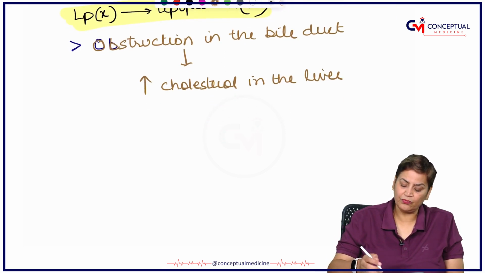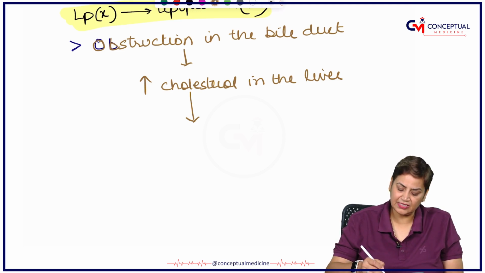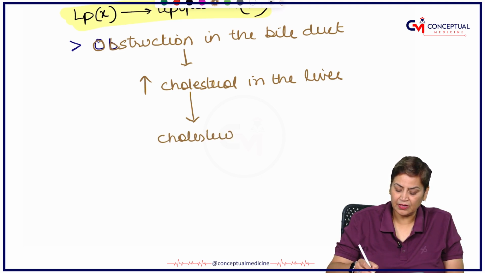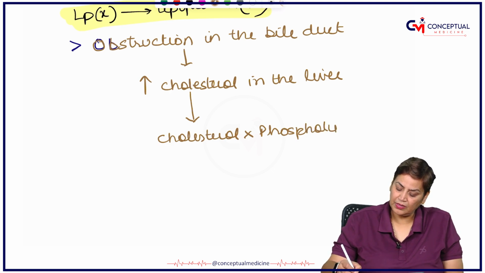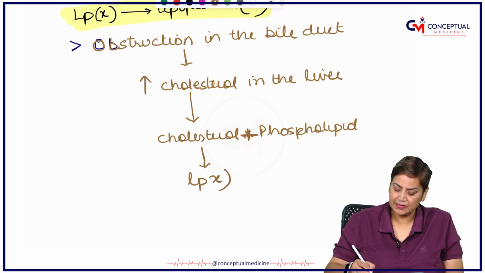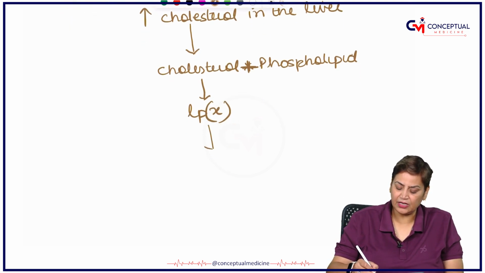When this cholesterol concentration increases in the liver, it combines with phospholipids, forming this LPX. And this LPX becomes an indicator of cholestasis.